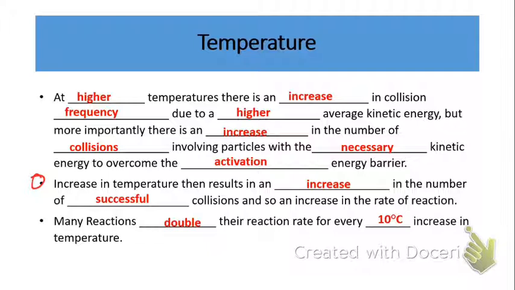And of course, the only way we can have more successful collisions in this case is that more molecules have energy higher than the activation barrier line. And this is also an interesting idea, that many reactions are going to double their rates for every 10 degrees increase in the temperature.